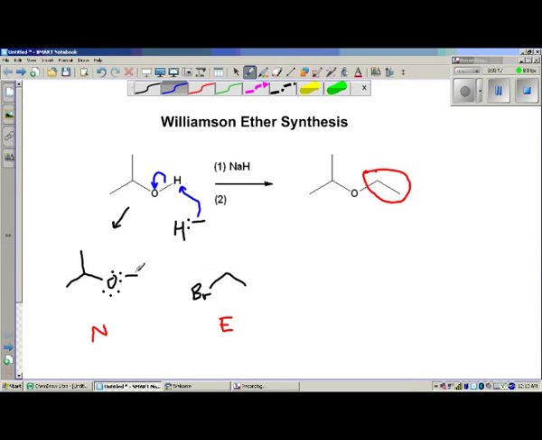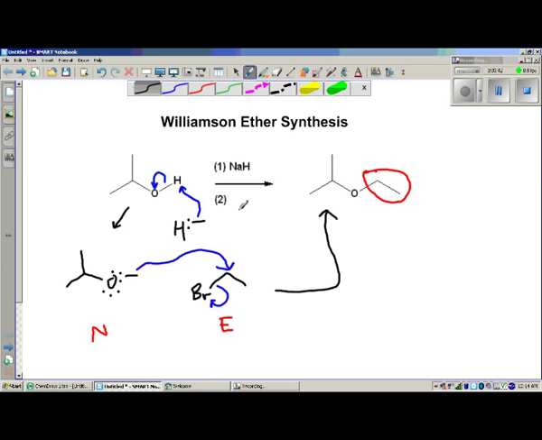The positively charged carbon is going to get attacked by the negatively charged oxygen, breaking that bond and putting the electrons onto the leaving group. And if you follow that through, you'll find that this oxygen is bonded to this carbon, giving you your ether product. And that, in a nutshell, is the Williamson ether synthesis.